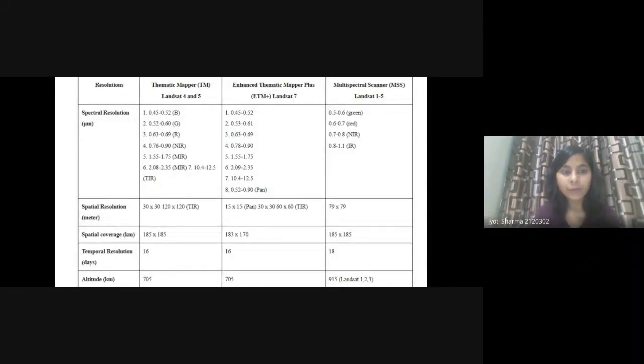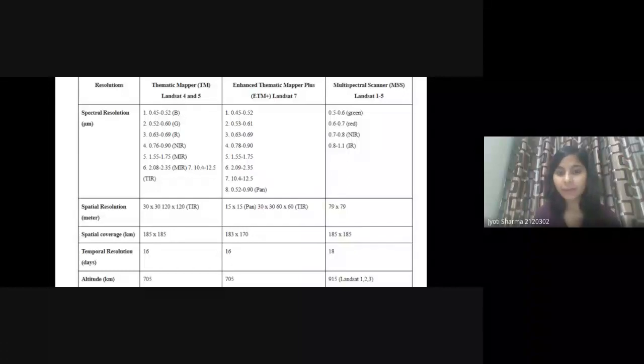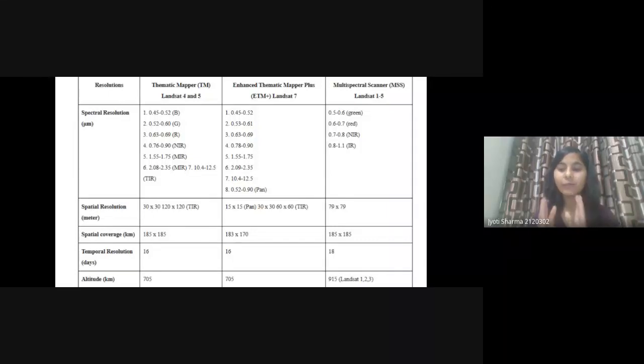So if we compare the spectral resolution, in Landsat 4 and 5 we have 7 bands, meaning 7 different wavelength intervals it can sense differently. If we are talking about Landsat 7, we have 8 bands, meaning 8 different wavelength intervals it can sense.